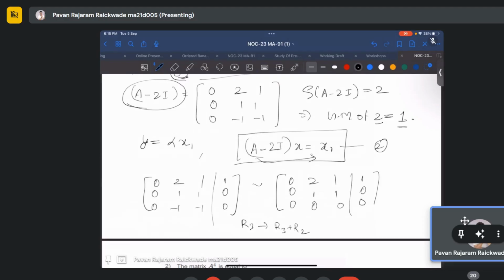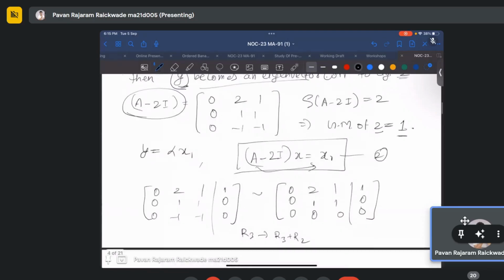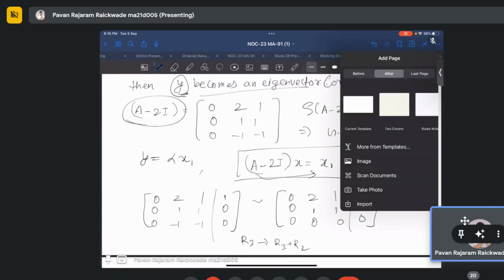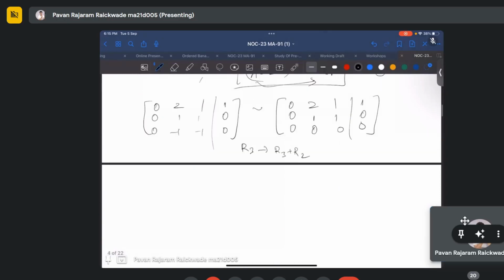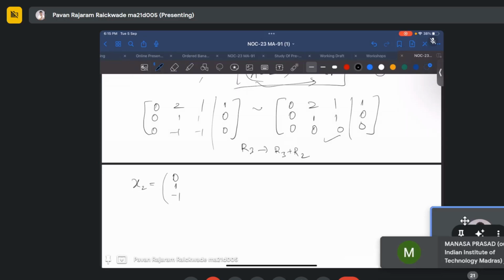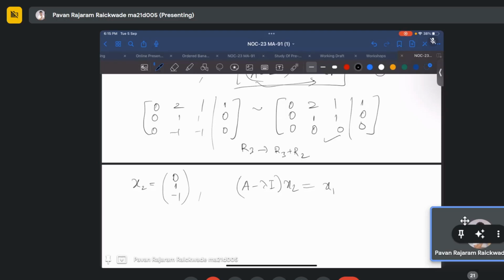It must have a solution, in fact, infinitely many solutions. Yes, 0, 1, minus 1. Okay, perfect. So you find, I'll name this as x2: 0, 1, minus 1. That's the solution. So I get x2 such that (A minus lambda I) x2 is x1, right?